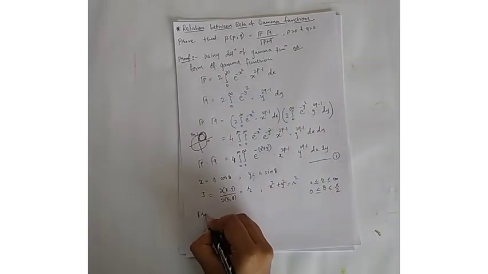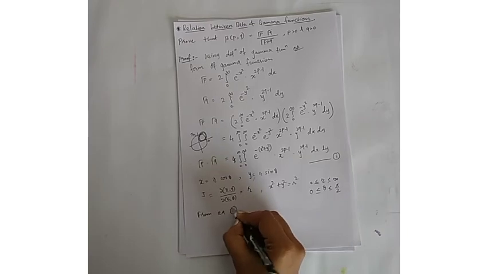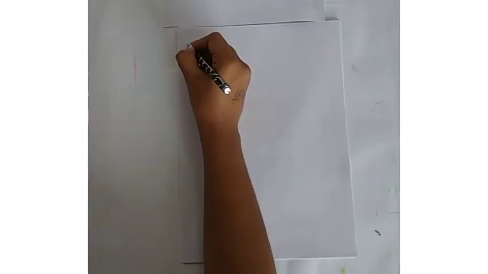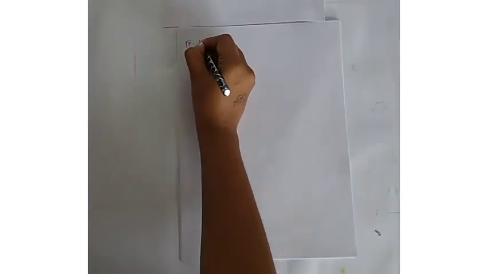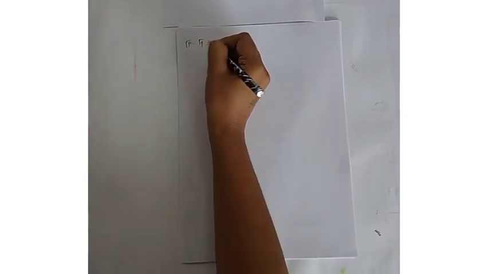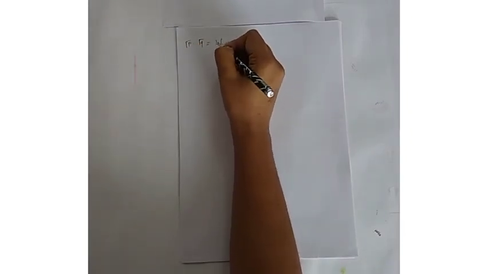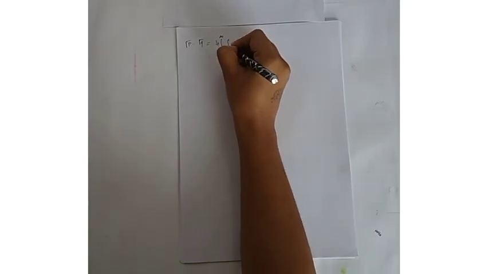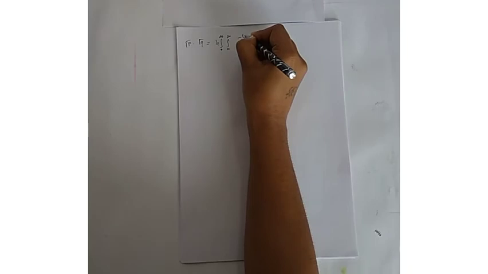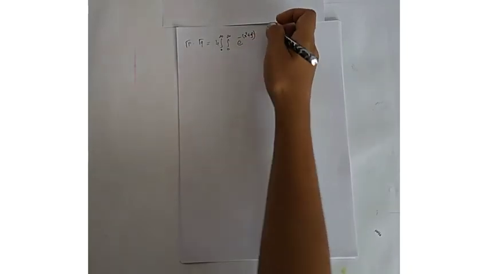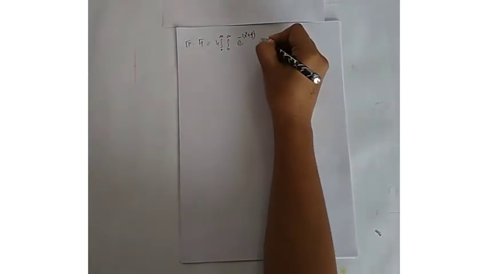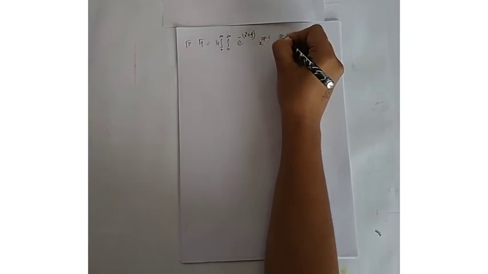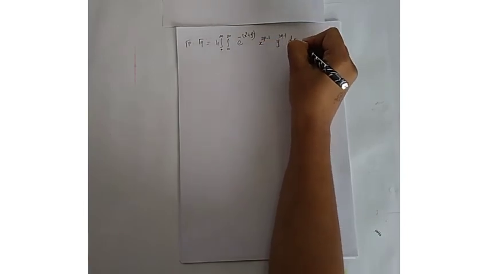So from equation 1, gamma p into gamma q is equal to 4 into the limit 0 to infinity e raised to minus (x square plus y square) x to the power 2p minus 1 into y to the power 2q minus 1 dx dy.